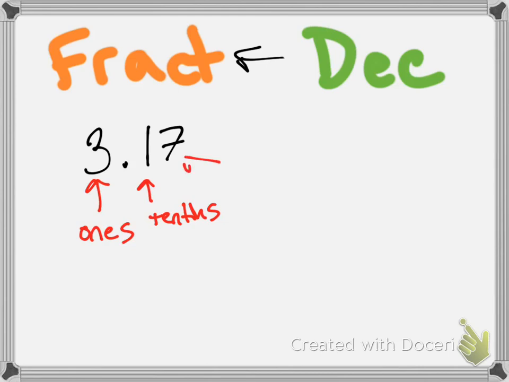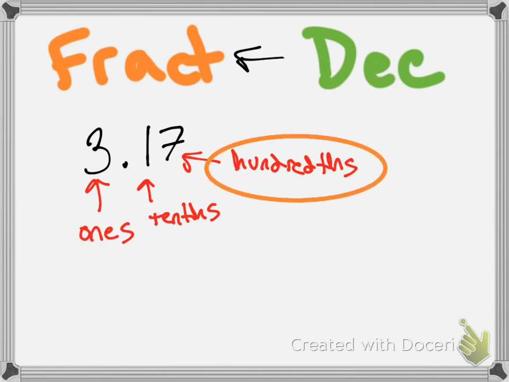And this one is our hundredths. Which place value do I care about? The last one I cared about was the tenths, so I made it a tenth. As Izzy said, we care about that last place value, the furthest to the right. So now I'm going to write it like this: 317 over 100, right? Is that correct? What do we think?